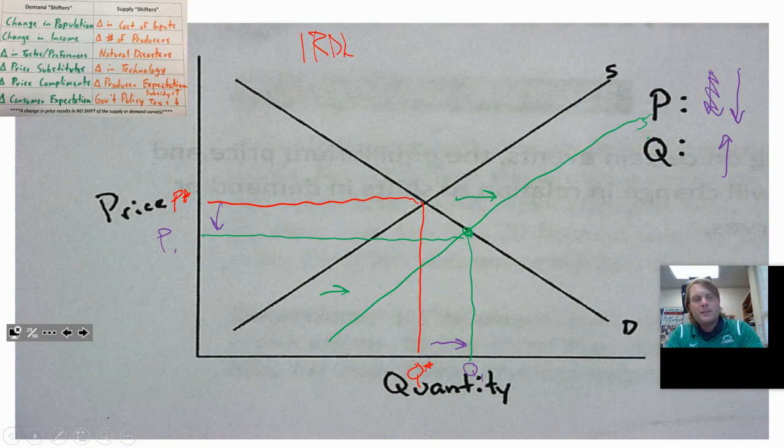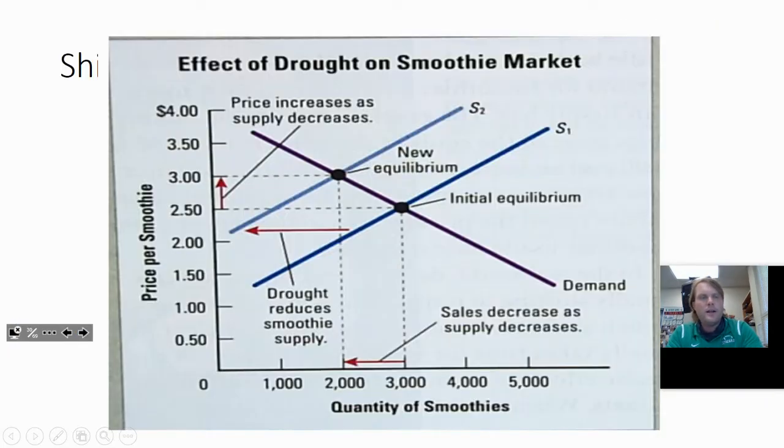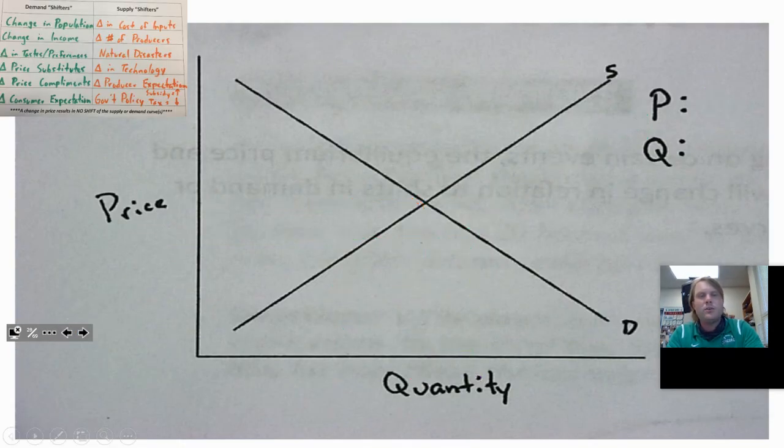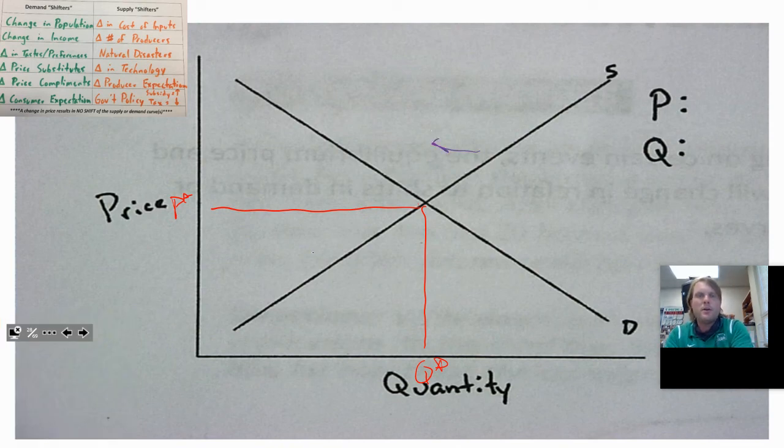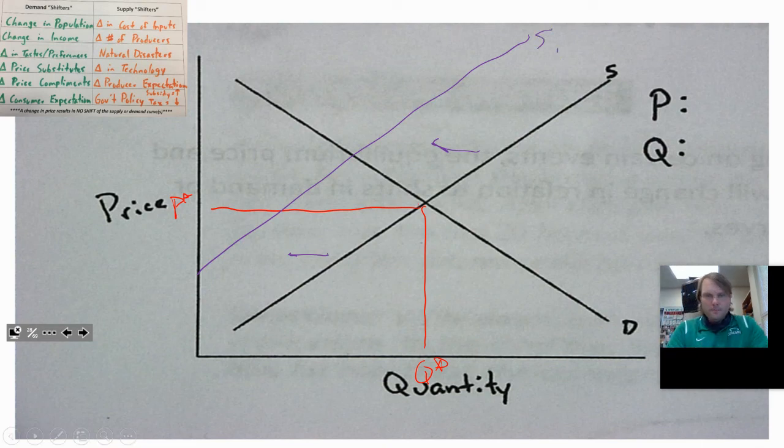All right, last one here. Let's decrease our supply. Okay, so remember Erdl. Go ahead and get yourself started, get things labeled. All right, and we're going to decrease our supply, so we're going to shift our supply to the left. Okay, new equilibrium price, new equilibrium quantity.